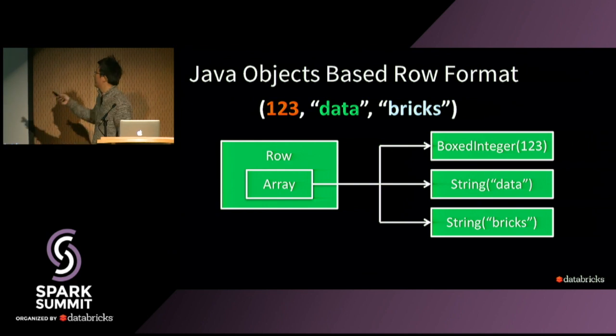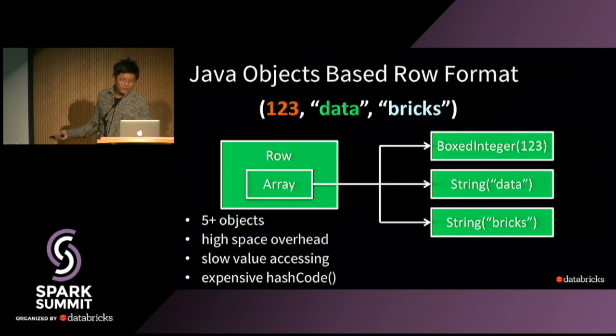And this is actually a very expensive memory layout for data. As you can see, there are many objects in this layout. Also, for a very simple int 123, it actually uses a boxed Integer class, which is way more than 4 bytes in memory. So this has very high space overhead.